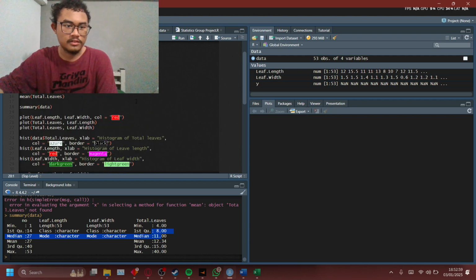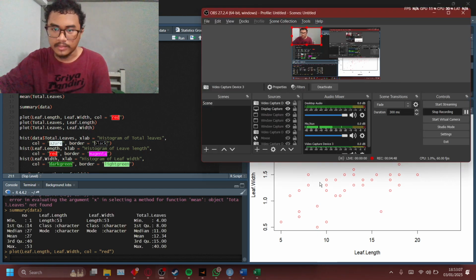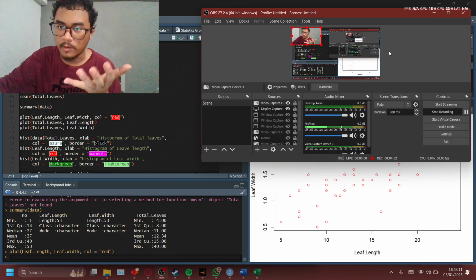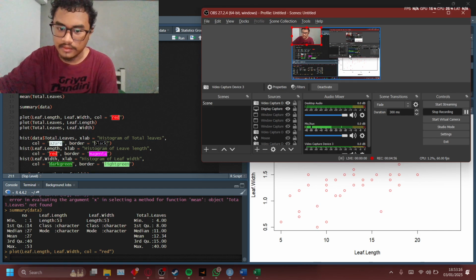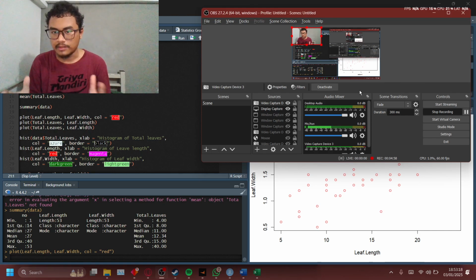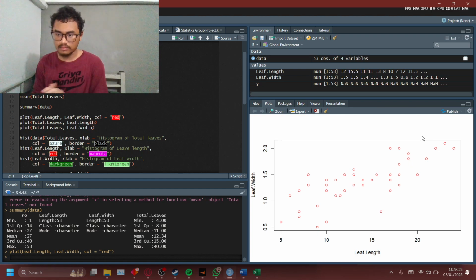Now, let's go to the plots. This is the first plot, to kind of see the correlations just by a little bit. It's not as complicated as a scatter plot, a box plot, or a histogram. It's the most simple of plots. We can see the comparisons between leaf length and leaf width.